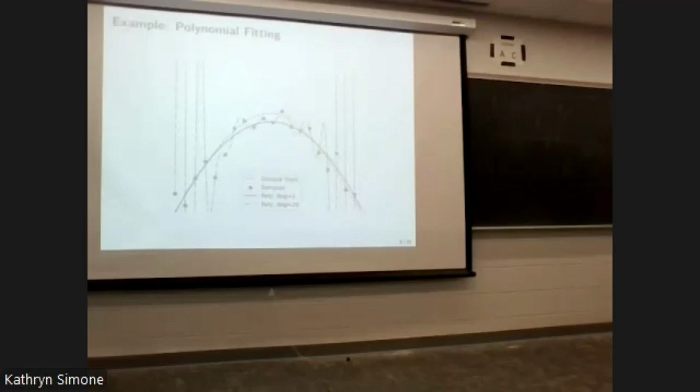If |x - x'| is less than epsilon, this implies that |f(x) - f(x')| is less than delta. Right?